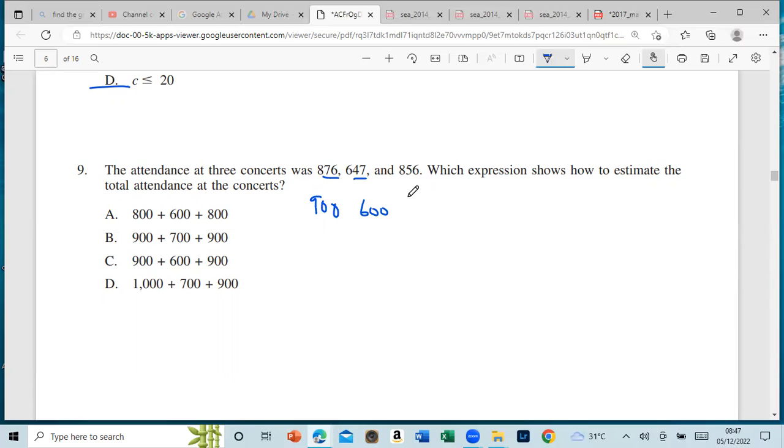I'm going to round up this. So it's an estimate, right? It's not accurate. I'm not going to add it up now. You guys can add it up and tell me. Let's move on to number 10.